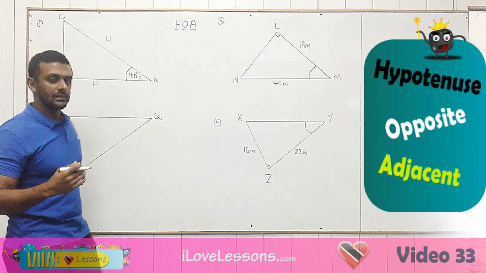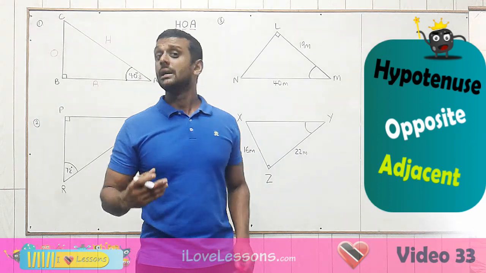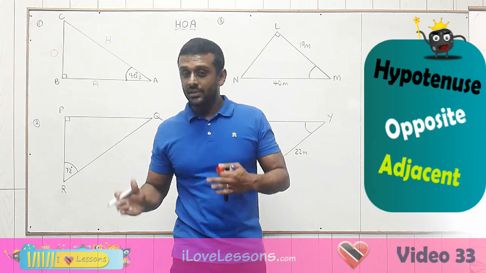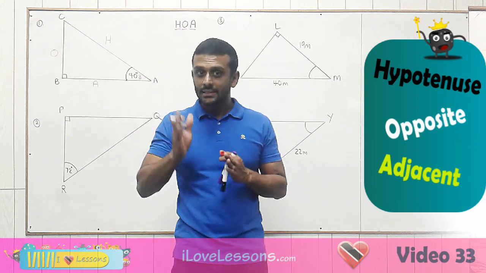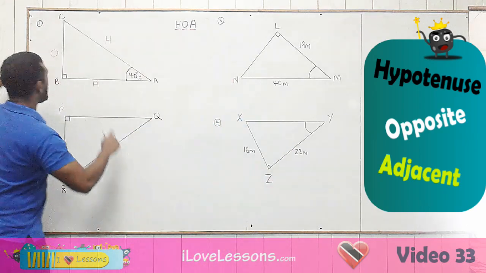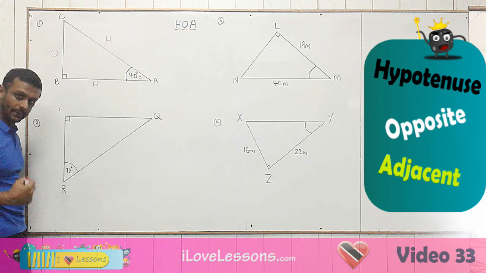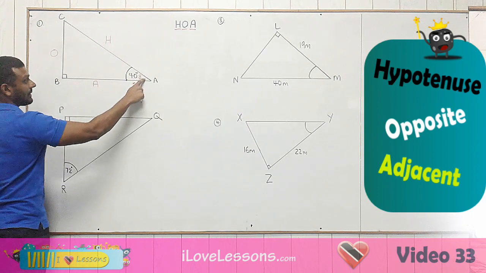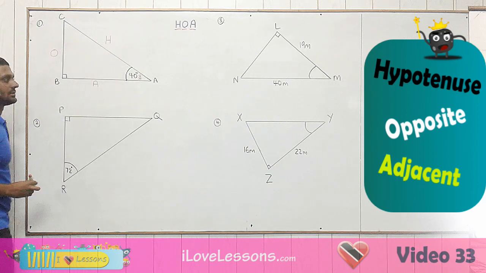Now, for the time being, you're just labeling opposite, adjacent, and hypotenuse. You may not be too sure why you are learning this, but in my next video, when it's time to actually apply the formulas with sine, tan, and cosine, you're going to realize how important it is to pinpoint who's opposite, adjacent, and hypotenuse. So, if we're standing here, here's my opposite, here's my adjacent, and here's my hypotenuse.